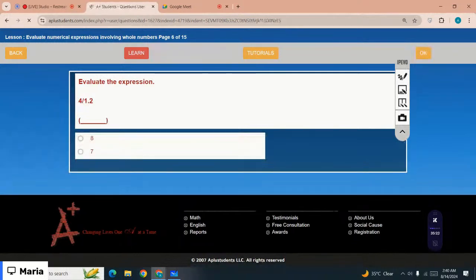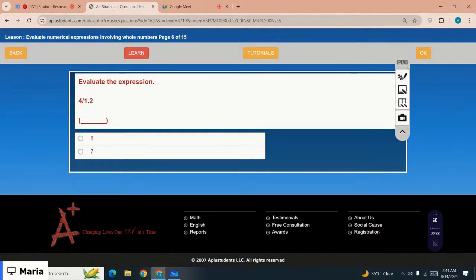The next one is 4 divided by 1 times 2. So which is the correct option? The correct option is 8. Very good.